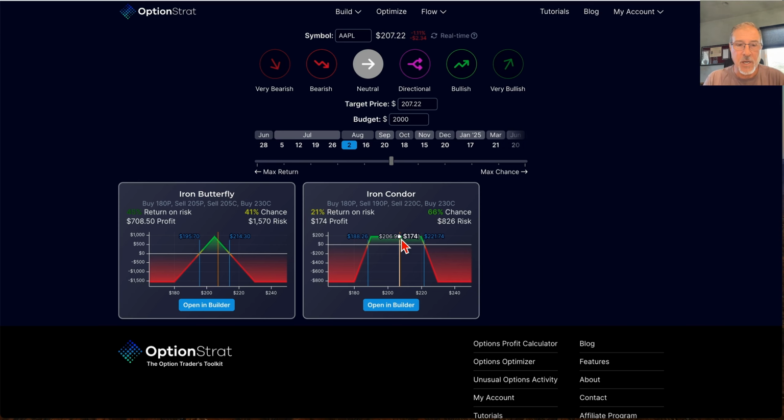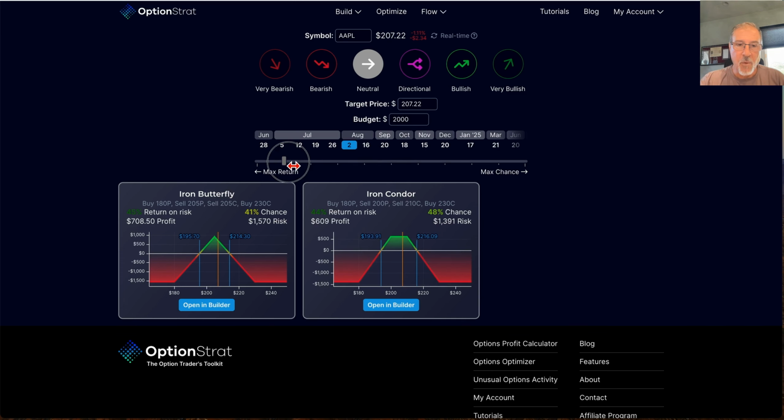I go in, I look at a chart pattern, I try to determine what is a realistic range that I might expect XYZ stock to trade in. And if I think there's a specific realistic range that I'm okay playing in, and that realistic range gives me a 66% chance of profit, maybe that's where I want to go.